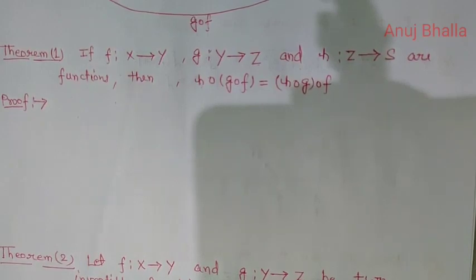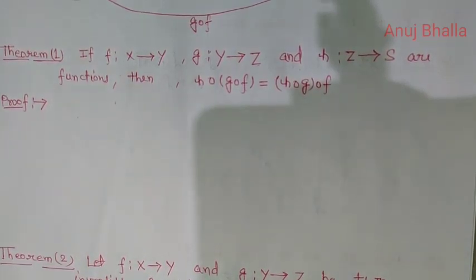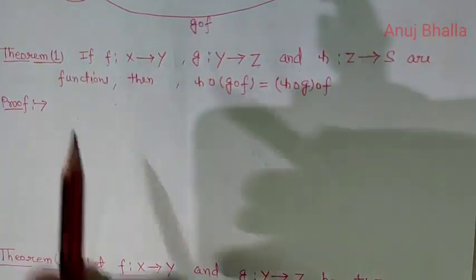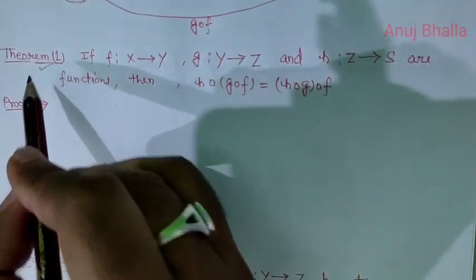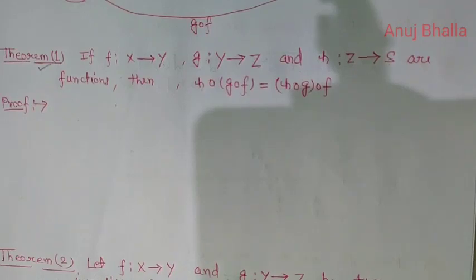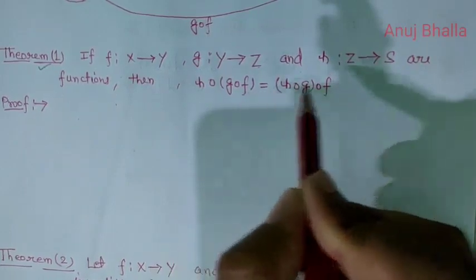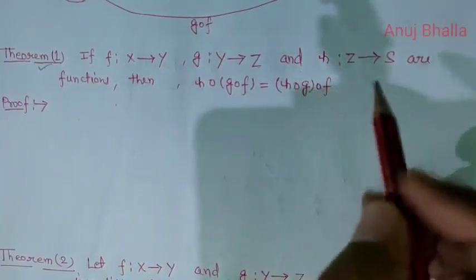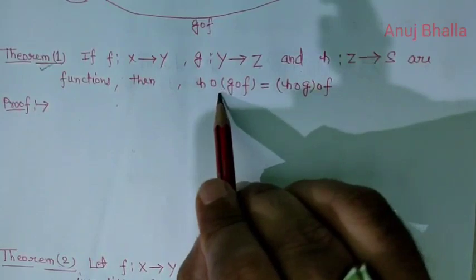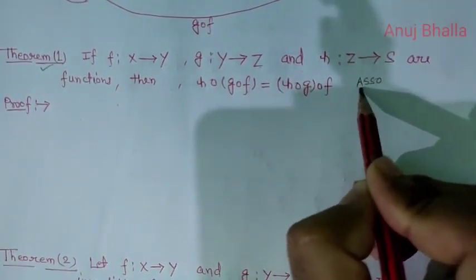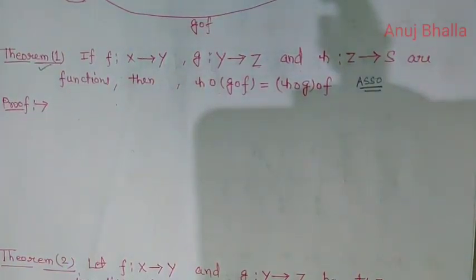In NCERT they have given two theorems, and we have to prove that both are equal. We are doing the first theorem. It means that functions also show the associativity property. We have to prove it.